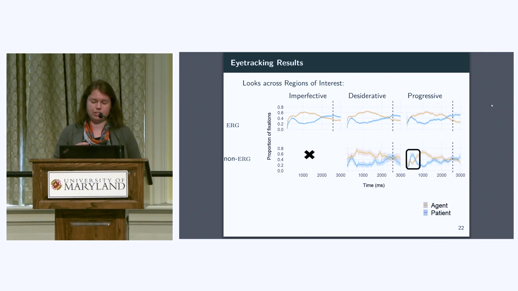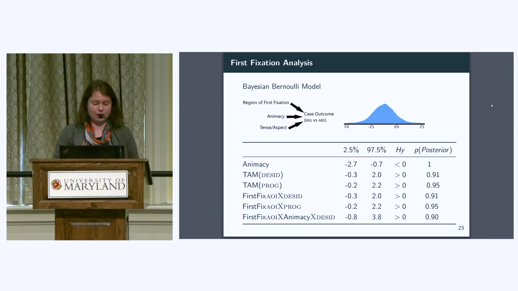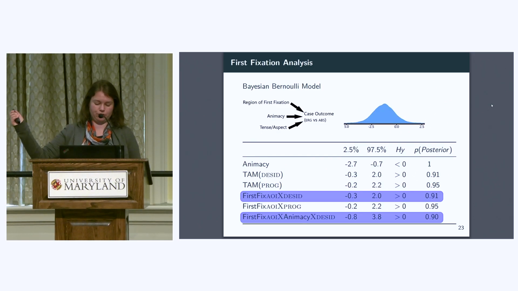But I do want to draw your attention to this funny little feature here. So here in the progressive, actually when they're planning a non-ergative sentence, they're doing an awful lot of looks to the patient. And this looks something like co-planning. It turns out that if you look at it in the statistics, this comes out for both the desiderative and the progressive.